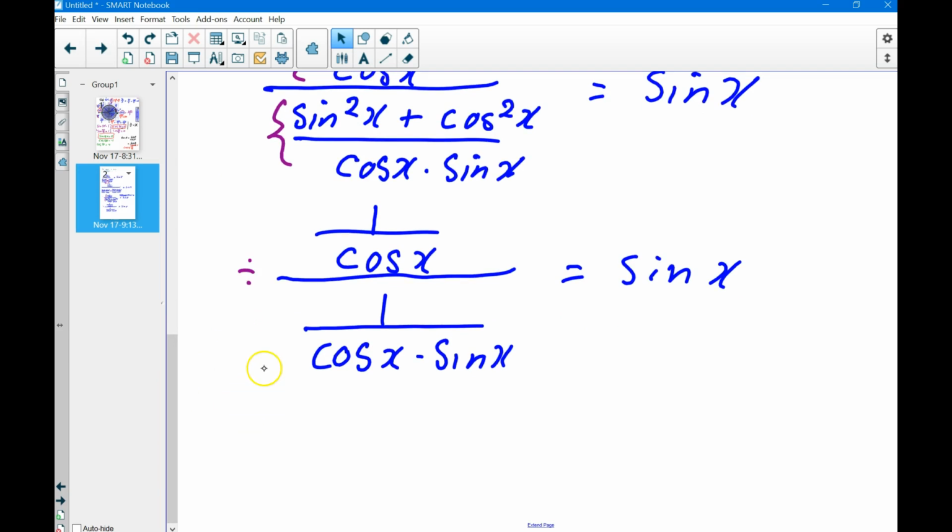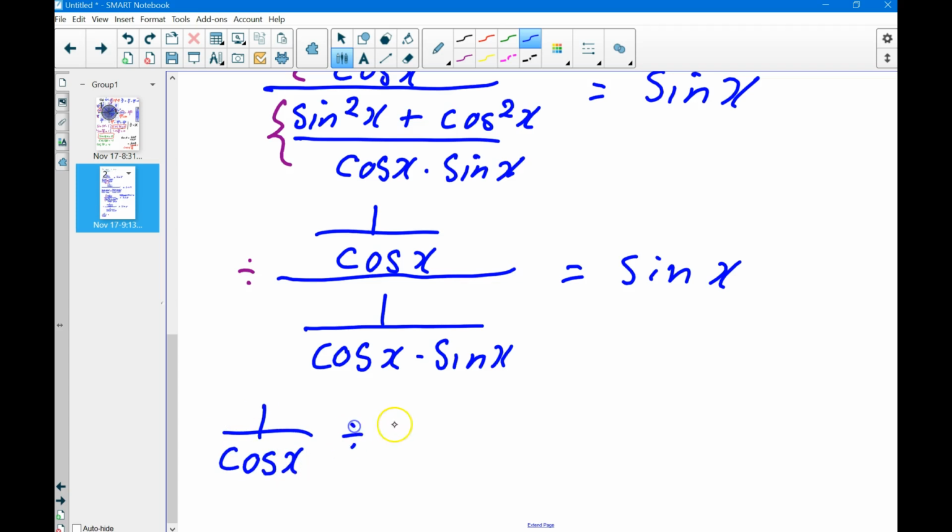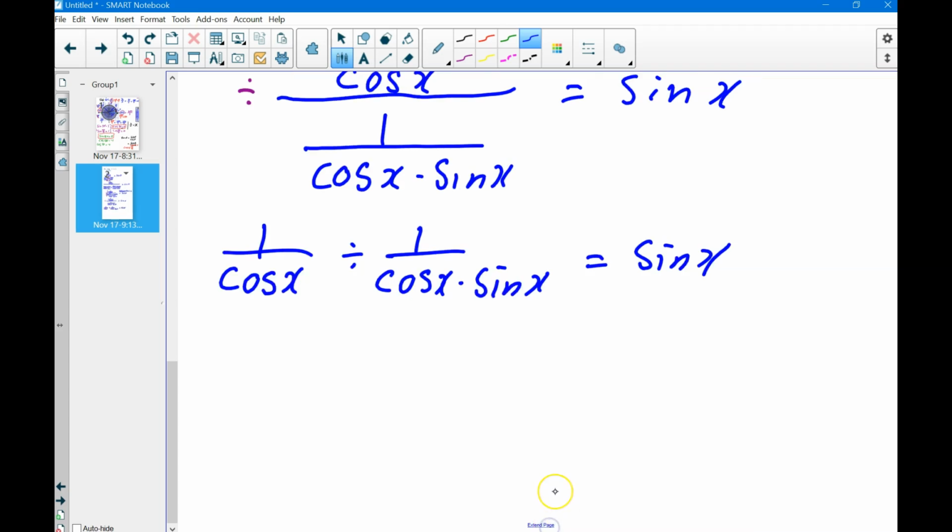So I'm going to have 1 over cosine x divided by 1 over cos x times sine x equals sine x. Now, basically, we have one fraction divided by another fraction. The simple way I do it is to take the second one, flip it upside down, or use a word called reciprocal. And it looks like this.